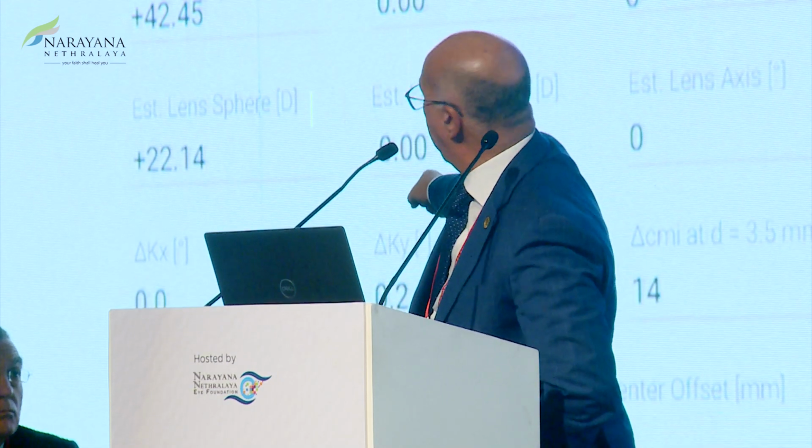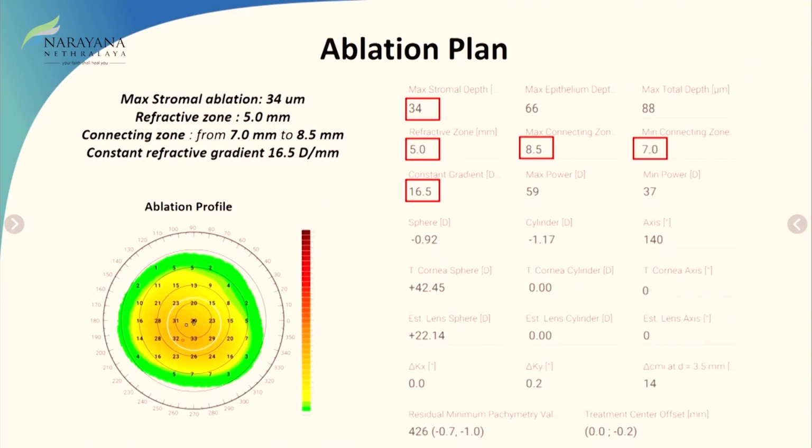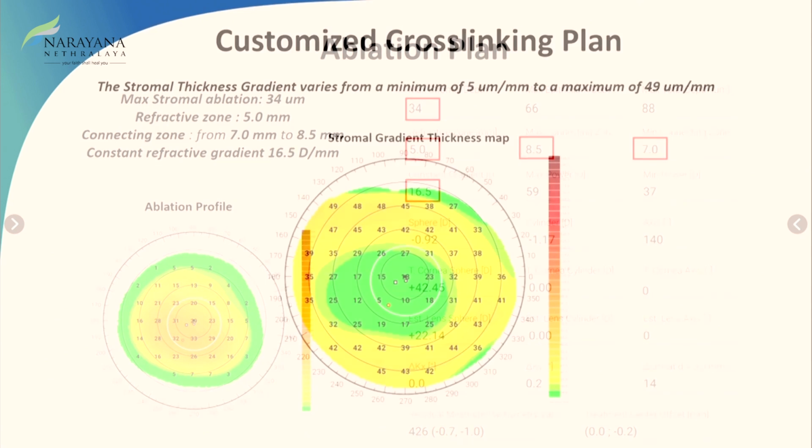And if you see down there, there is a change in the angle, which is 0.2 in the x-axis, in the y-axis, I'm sorry, which will take the pencil of light or the line of sight to the center of the cornea without having to carve anything on the periphery of the cornea, with a designed connecting zone of 8mm and a minimal connecting zone in some parts of 7mm. So we have here a fully customized connecting zone.